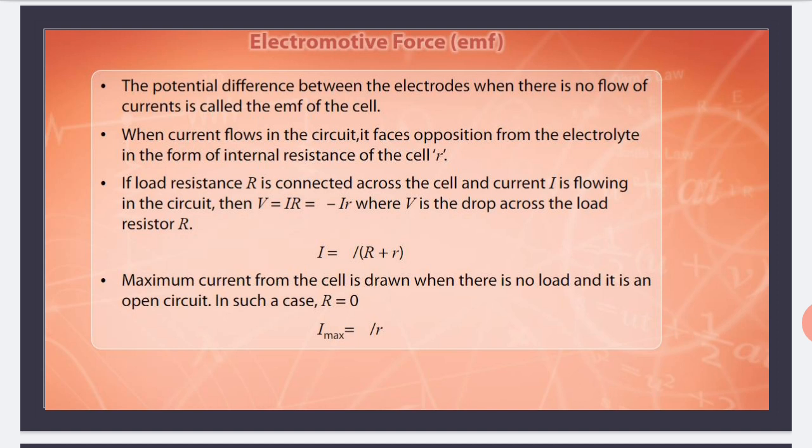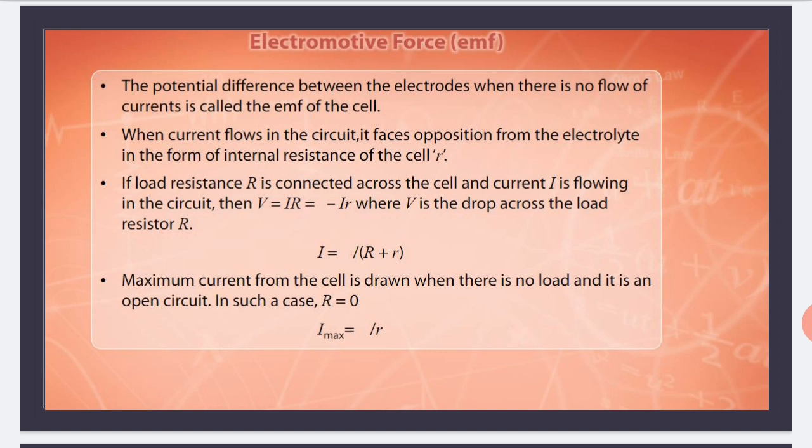If a load resistance, denoted by capital R, is connected across the cell and current I is flowing in the circuit, then V = E - Ir = IR, where V is the drop across the load resistance R. Therefore, I = E/(R + r).